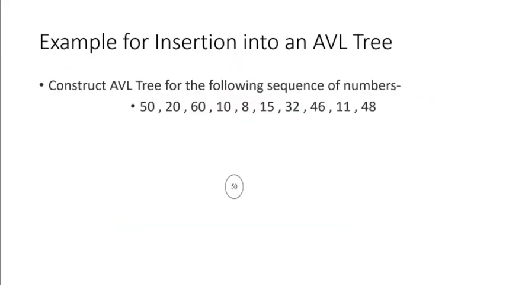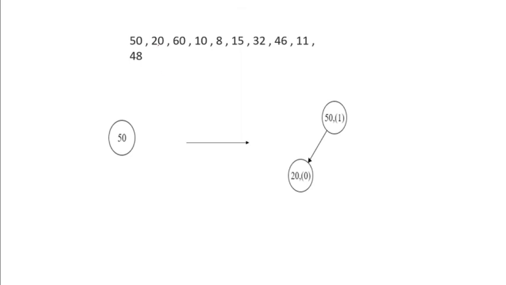So these are left right rotations. This is the example which I just created for you to understand what rotations are. Initially I took only node 50. So from an empty tree, I created a node 50. And then I tried to insert a node 20.